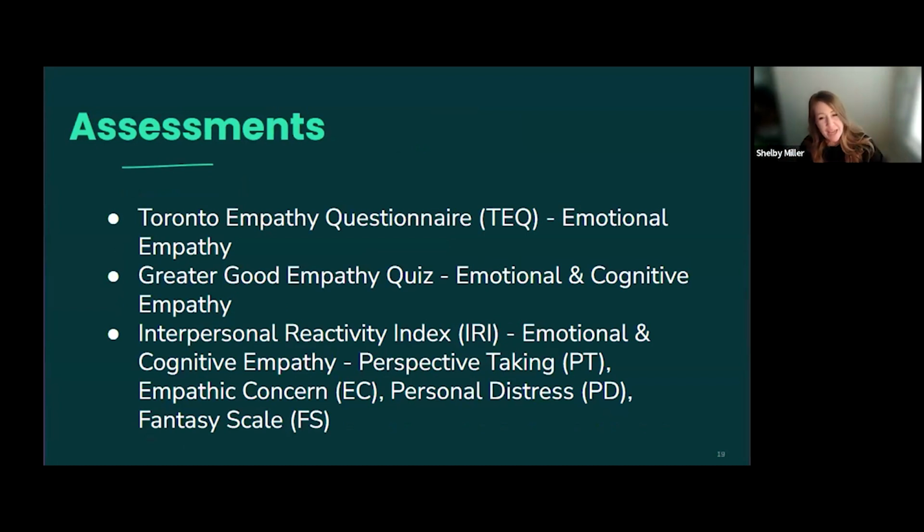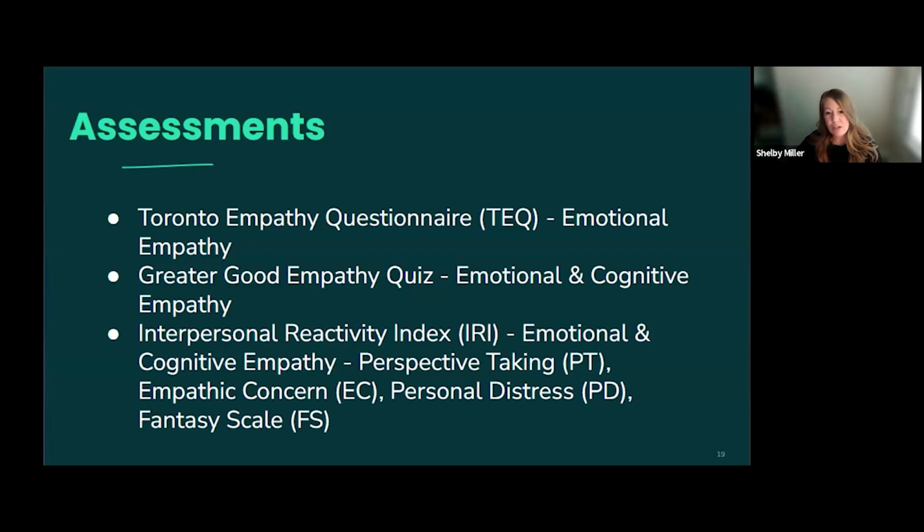It looked at your automatic emotional responses to others' experiences rather than cognitive perspective taking. It asked things like feeling concerned for people less fortunate, getting excited when someone else is excited, and feeling upset when you see someone else is upset. So this is obviously emotional empathy, and higher scores indicated stronger emotional empathy.